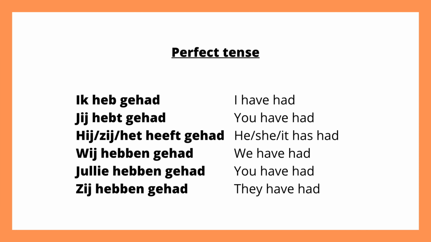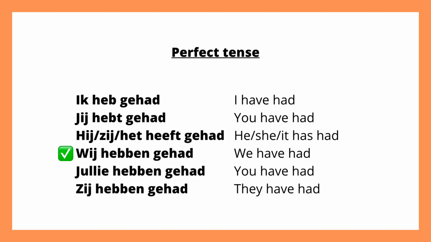Moving on to the perfect tense, which is used to talk about actions that were completed in the past but have relevance to the present. Let's look at the conjugation of its perfect tense. Ik heb gehad. Jij hebt gehad. Hij, zij, het heeft gehad.